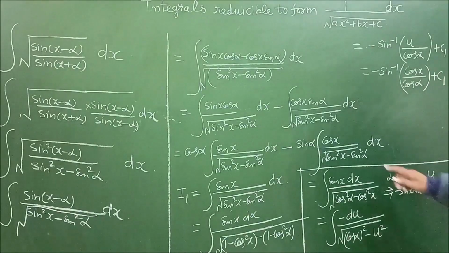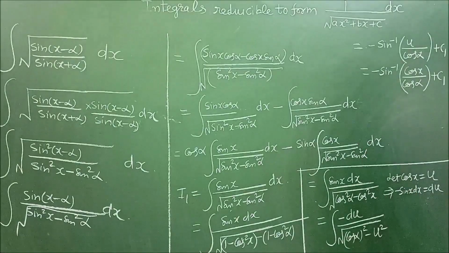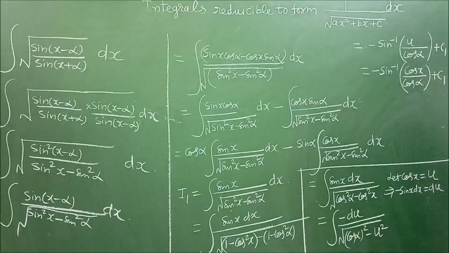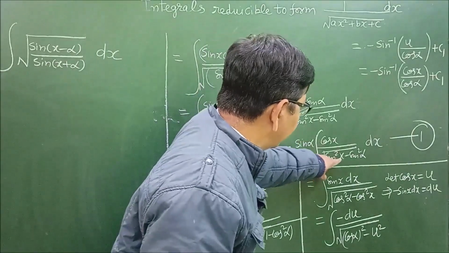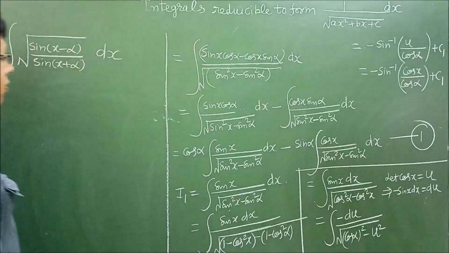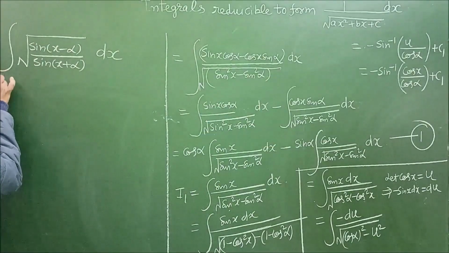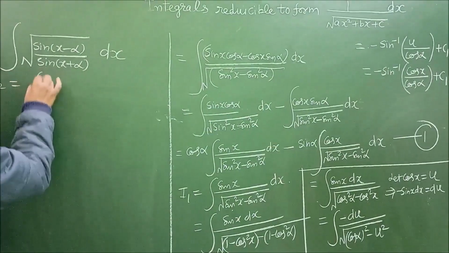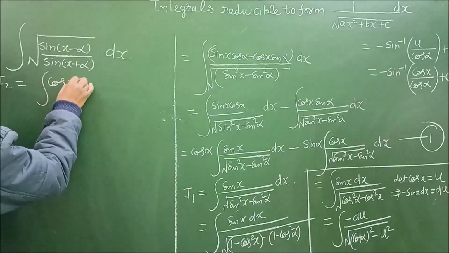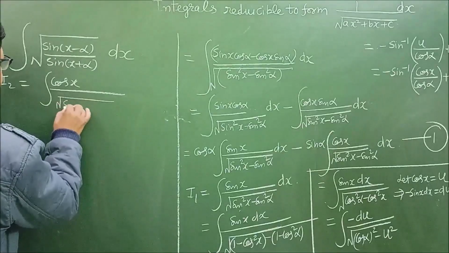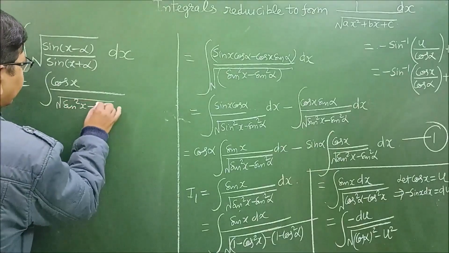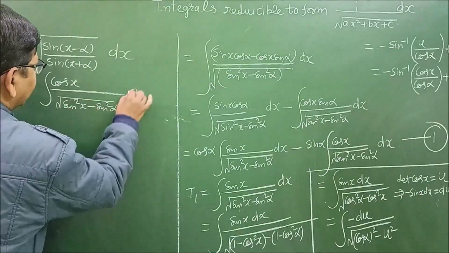Now let us solve the second integral. Second integral is cos x upon under root of sin square x minus sin square alpha. So let us solve it. I2 is cos x upon under root of sin square x minus sin square alpha dx.